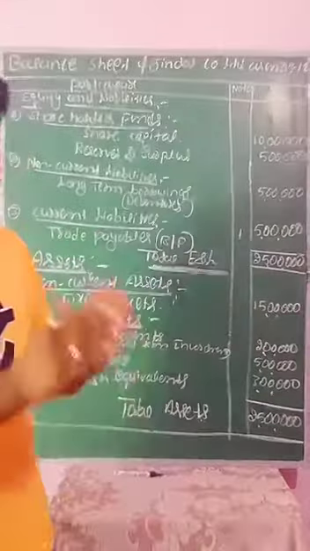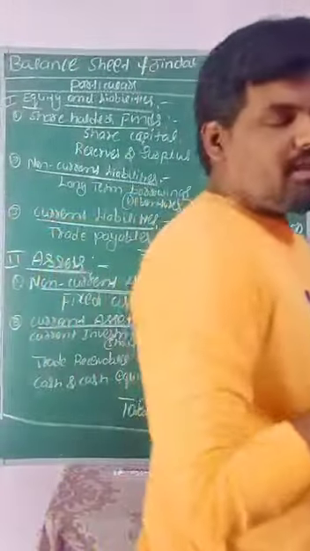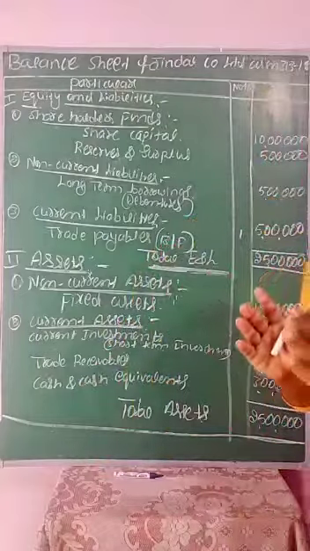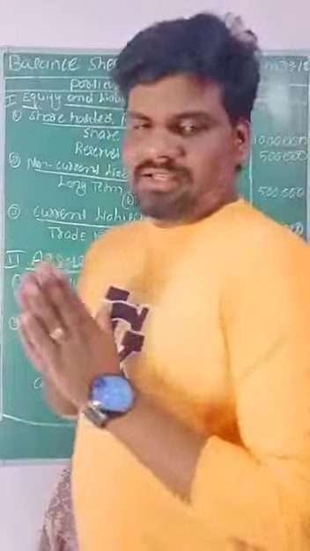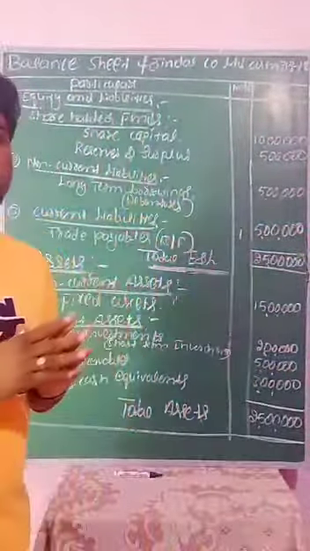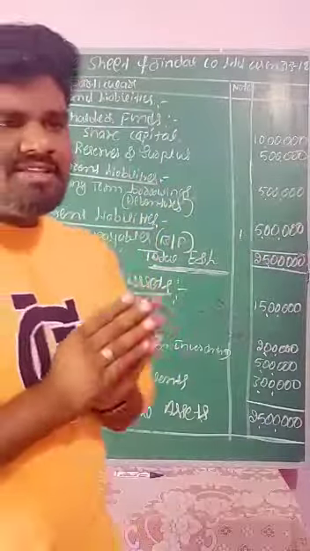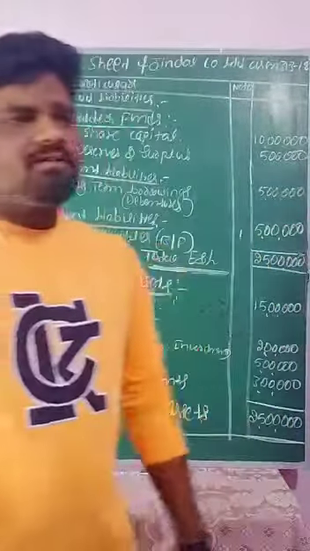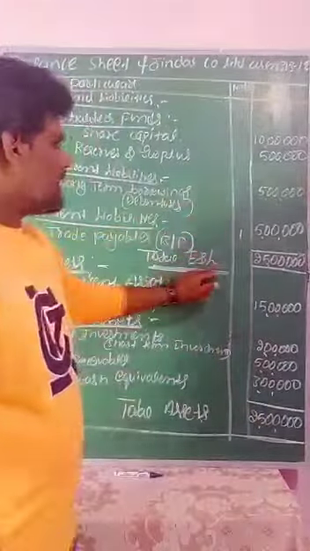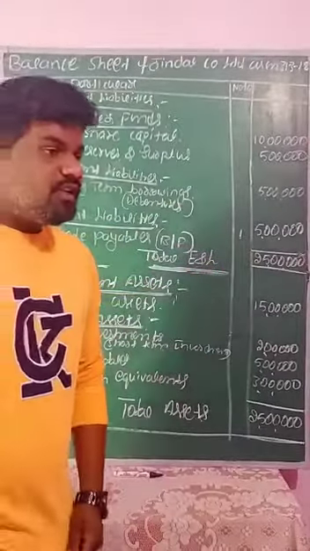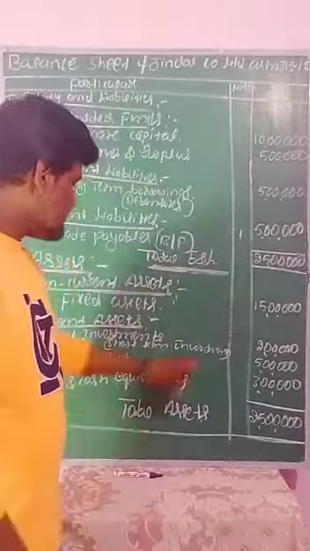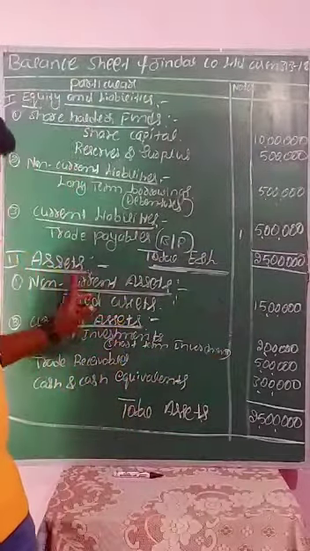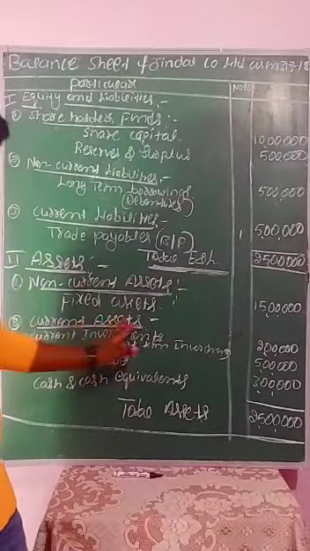So as per the given information, we have recorded all the transactions. We have completed all the necessary transactions related to equity and liabilities as well as assets. Already we have made the total balance of equity and liabilities. In the same way, now we need to make the total balance of these assets, I mean total non-current assets as well as total current assets.